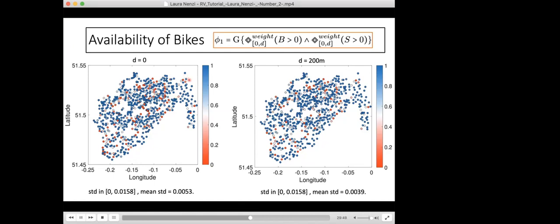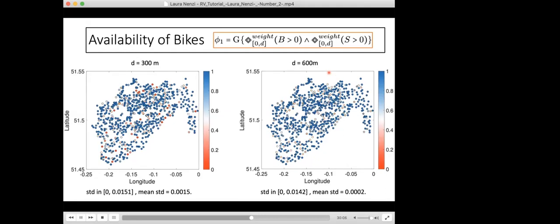The first one is with D equal to 0, the second with D equal to 100 meters. You can already see that we are increasing the locations that satisfy the property. And things are much better already with 300 meters.